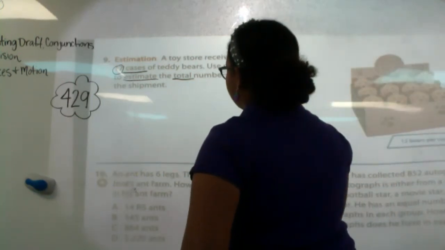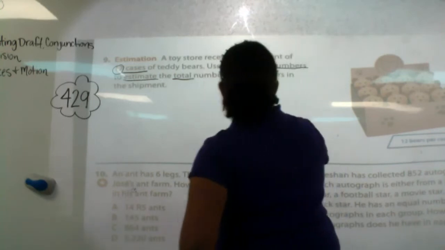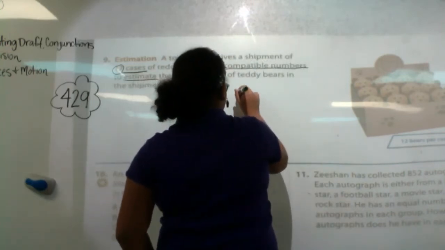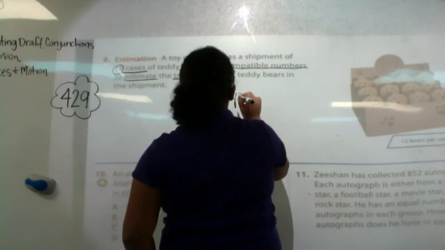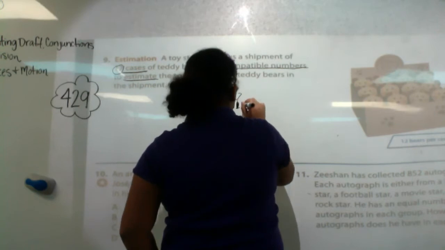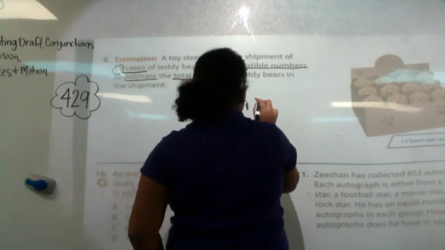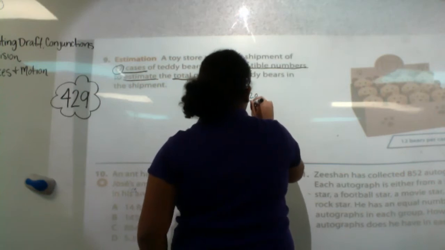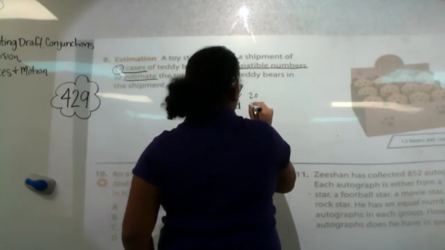If you're going to estimate, what does estimate mean to do? Round. We can just round these numbers. It says use compatible numbers. Rounding is going to give us compatible numbers. And remember, you always round your numbers first, so that way the actual math you have to work out is easy.